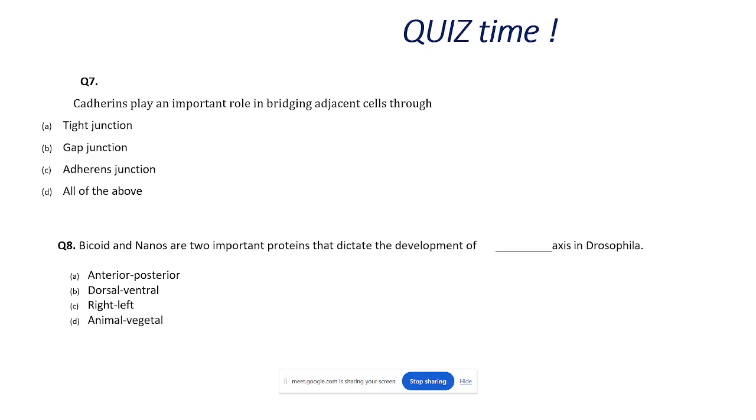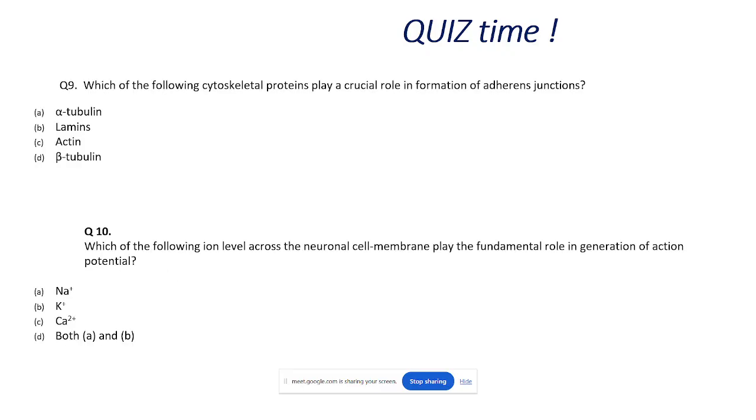So mostly in the early development of the fruit fly Drosophila, the proteins that are mentioned, bicoid and nanos, establish a primary body axis. So bicoid is concentrated at the anterior head and nanos is concentrated at the posterior. So these concentration gradients dictate where the head, thorax, and abdomen will form, thus establishing the anterior posterior axis. So option A is correct.